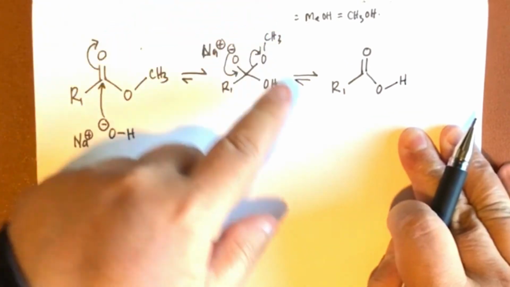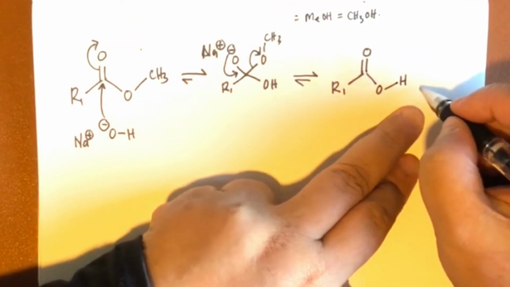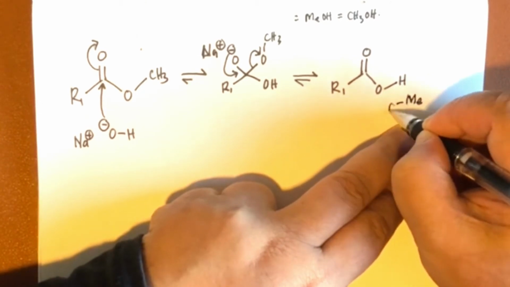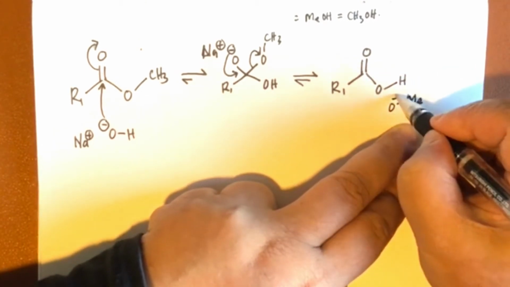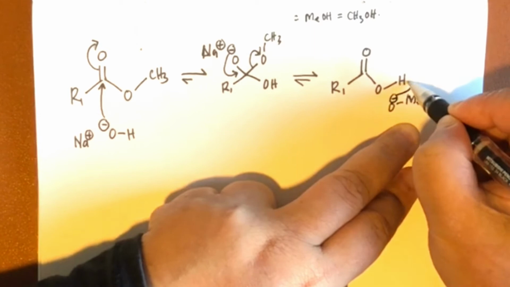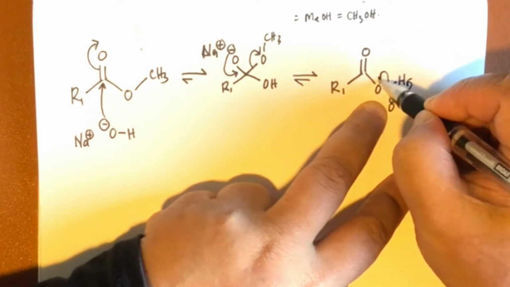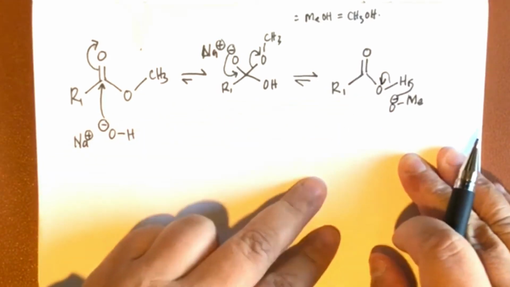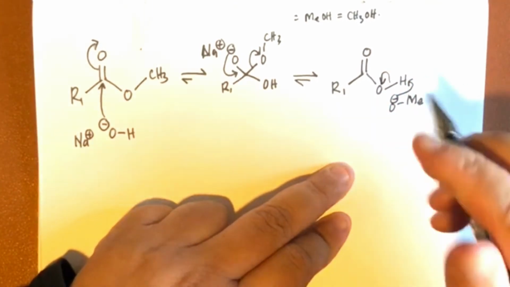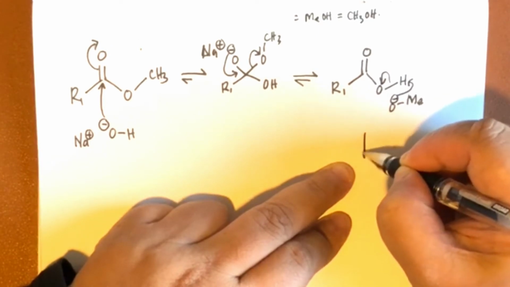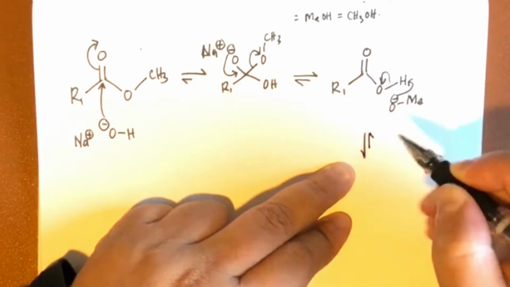Okay, but we have this methoxide ion. This methoxide, MeO minus, will then pick up this proton, and this will collapse, and it will form actually the carboxylate ion.